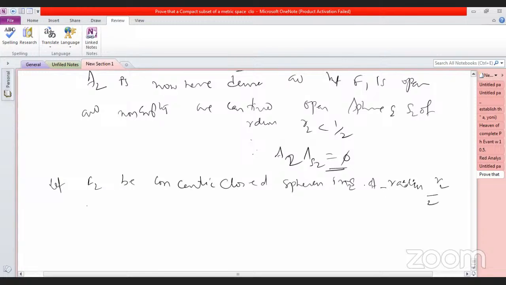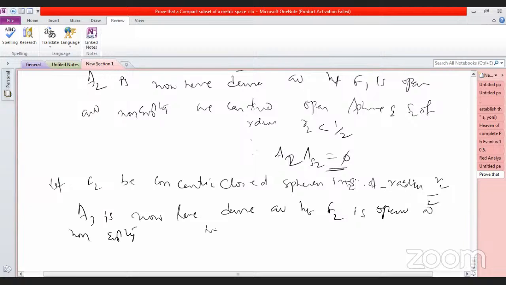So therefore, again A3 is now here dense, and F2. When we take A3 we take F2, when we take A2 we take F1, when we take A1 we take nothing. So F2 is open and non-empty.